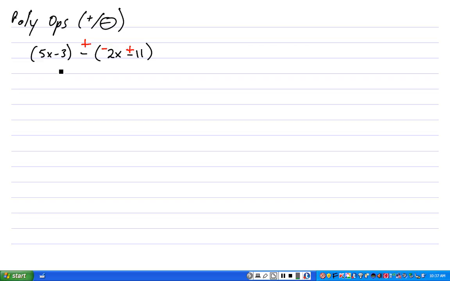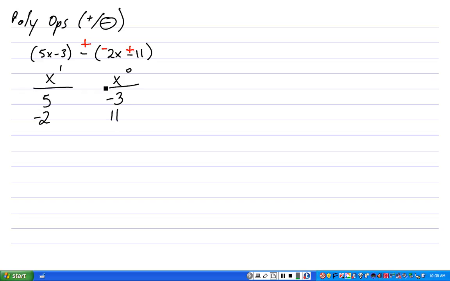Okay, so we look and we see x to the first is our greatest degree, our highest degree, and when we count down, the only thing behind it is x to the 0. So we have a 5x and now a negative 2x, and for our constants, our x to the zeros, we have a negative 3, and now it's a positive 11.